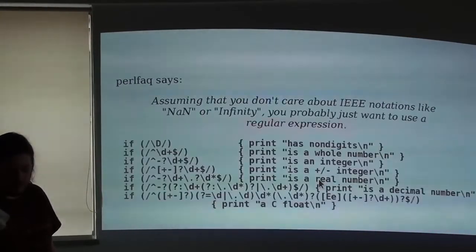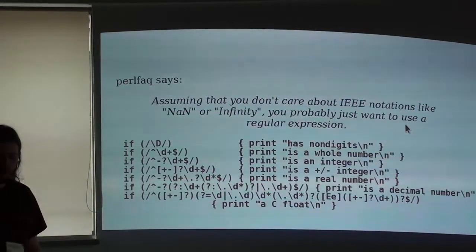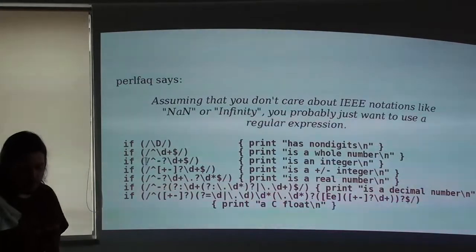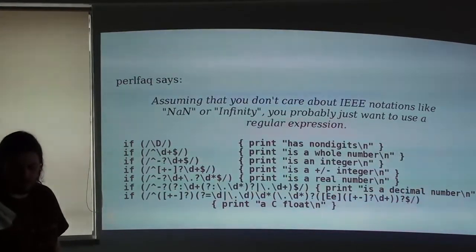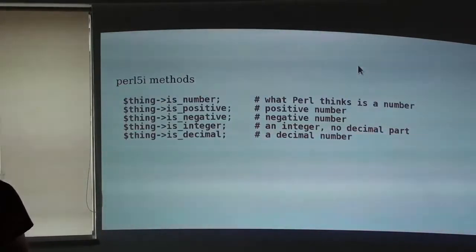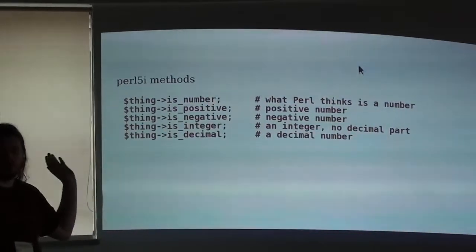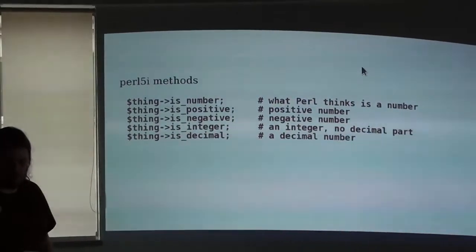Or what kind of number? And then it says, assuming you don't care about blah blah blah and so on, you probably want to use a regular expression, and so you're supposed to copy paste that into your code. And when you use Perl5i, the equivalent is just like that. What was difficult before, you get a small, easy to remember convenience method to achieve what you want to do.